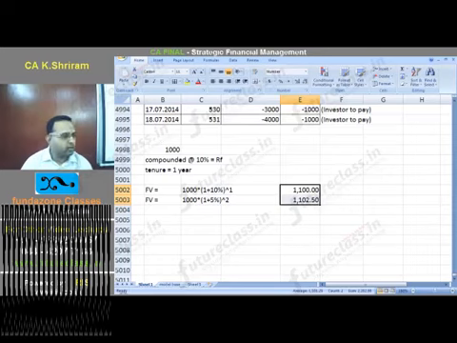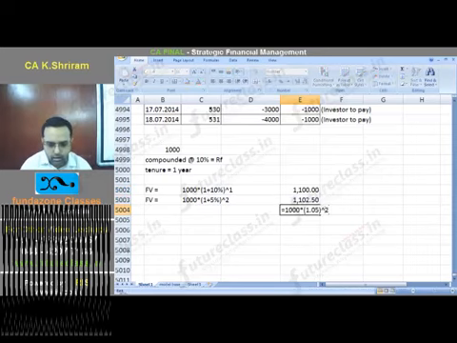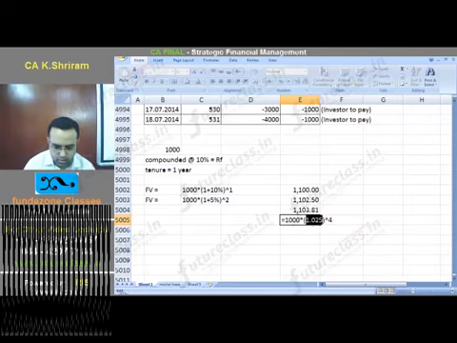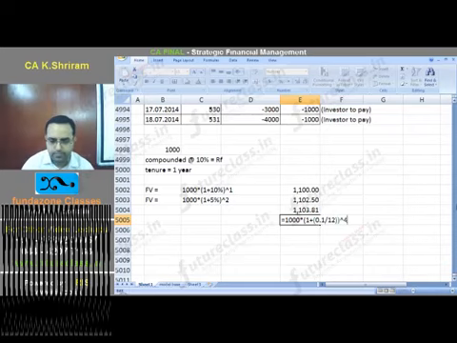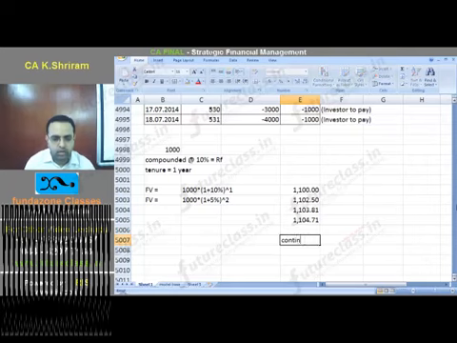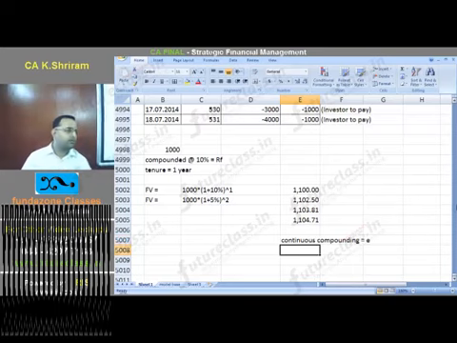If it is quarterly compounded, then this is going to be 2.5% and the power is going to be 4. If it is monthly compounded, it's 1 plus the rate over 12, the whole power 12. There can be daily compounding also. If it compounds every second, then we have something called continuous compounding, which is determined by the E factor.